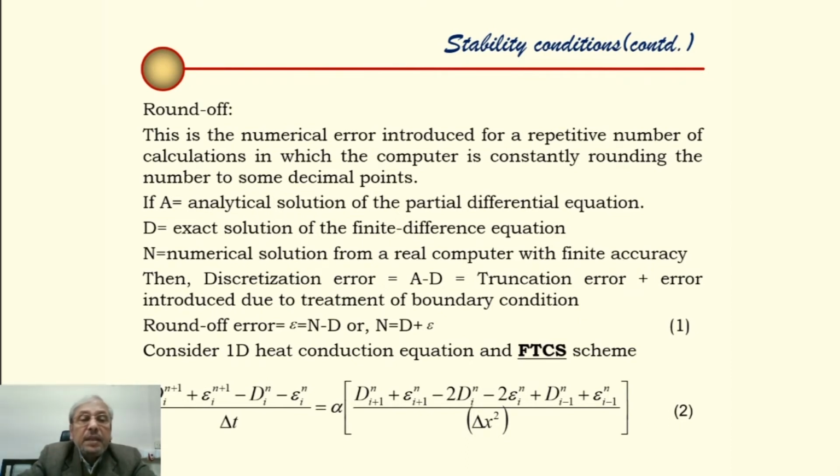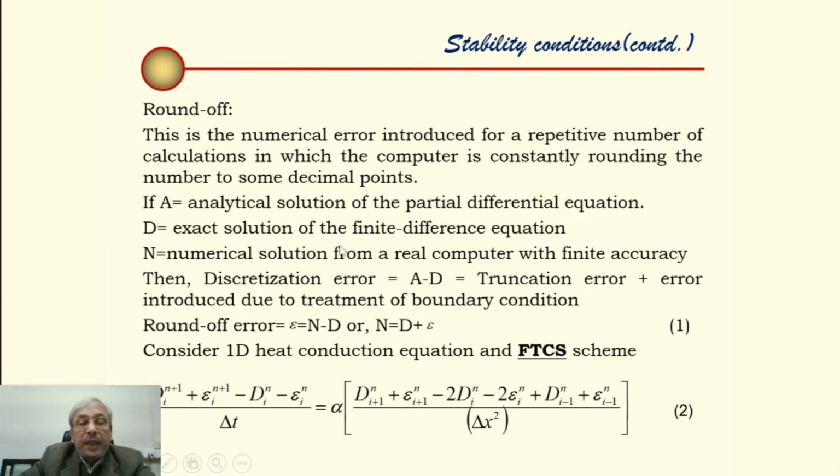If A is the analytical solution of the partial differential equation and D is the exact solution of the finite difference equation, then N is the numerical solution.